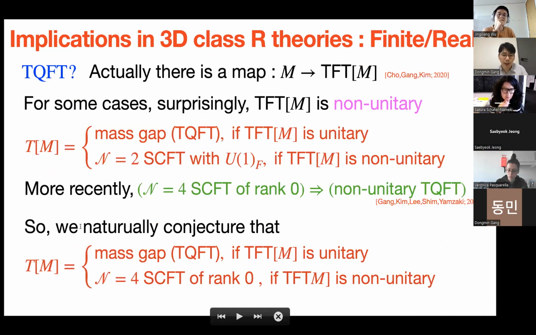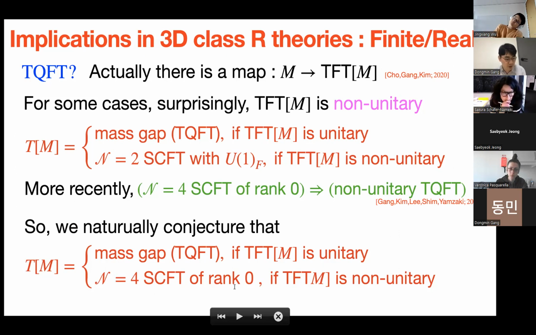And most recently, we found that there is a very nice correspondence between the N equals 4 rank 0 CFTs and the non-unitary TQFTs. So motivated by this previous work, we conjecture that when the resulting TQFT is non-unitary, this theory actually flows to the N equals 4 CFTs with rank 0.